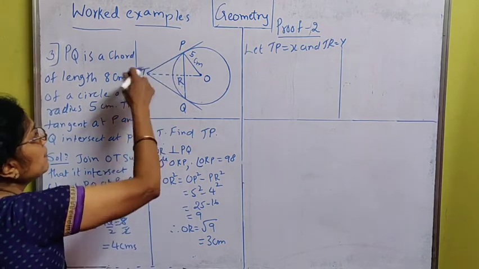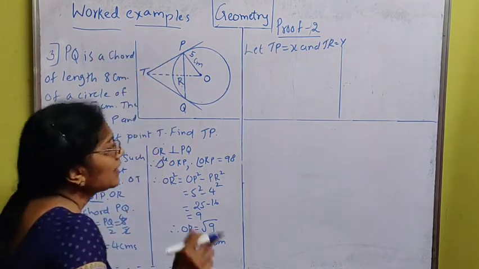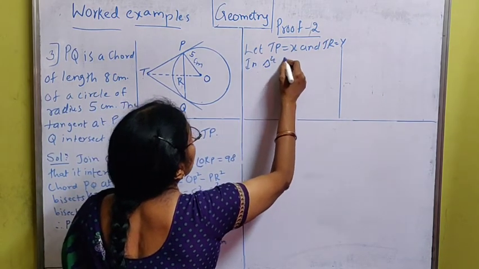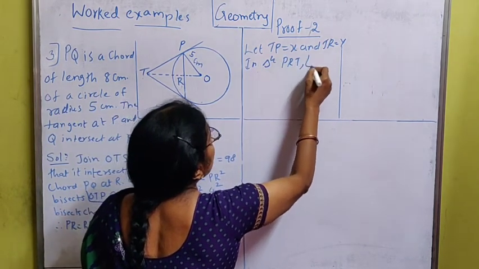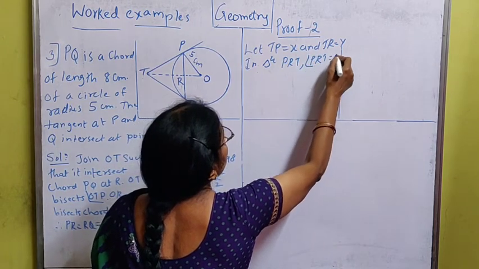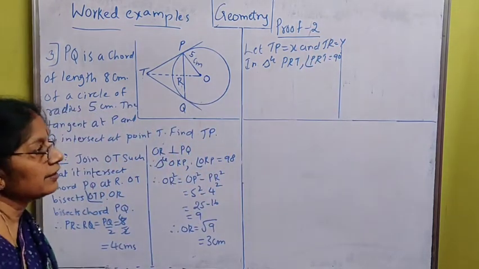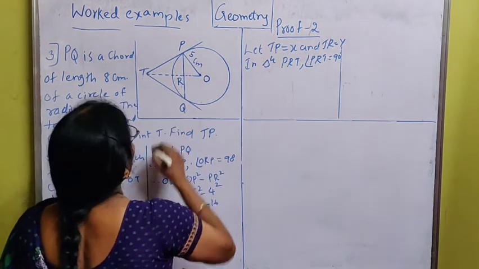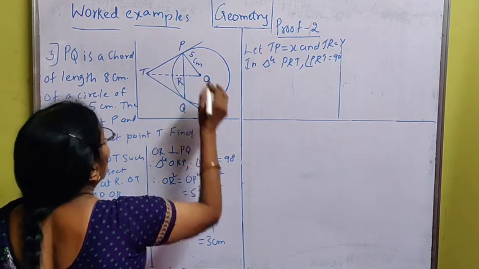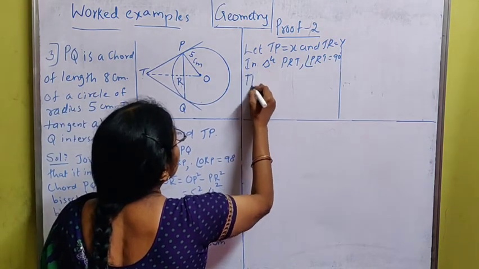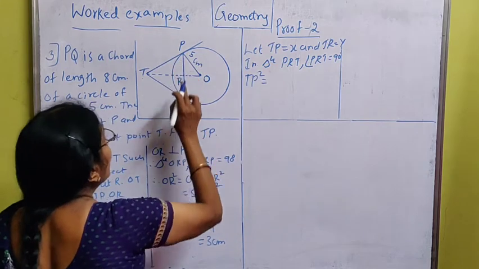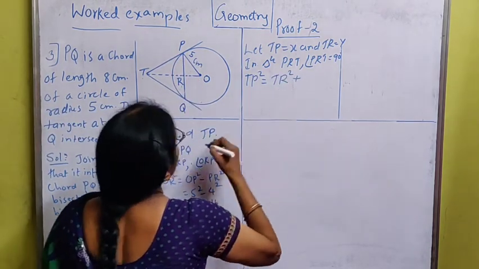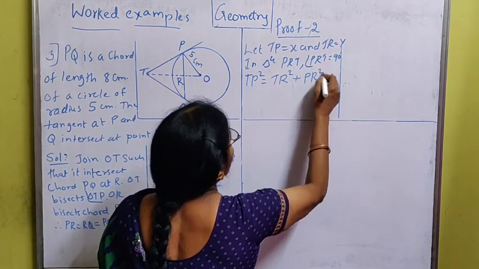You can see in triangle PRT, angle PRT is how much? 90 degrees. So in triangle PRT, angle PRT is equal to 90 degrees, so you can use Pythagoras theorem. What does Pythagoras theorem say? TP square is equal to, because TP is the hypotenuse, TR square plus PR square.